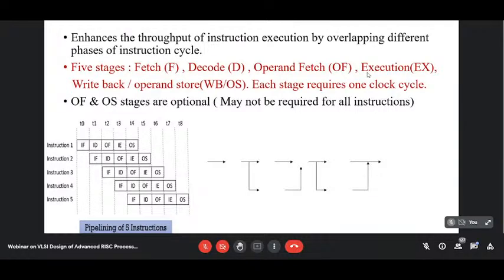In that way, after 5 clock cycles, the first instruction's execution will be completed. Then after only one cycle, the next instruction will be completed, then after one more cycle, the next. So virtually, when there are a large number of instructions, only a single cycle is required for executing each. So you are getting a huge gain from pipelining.